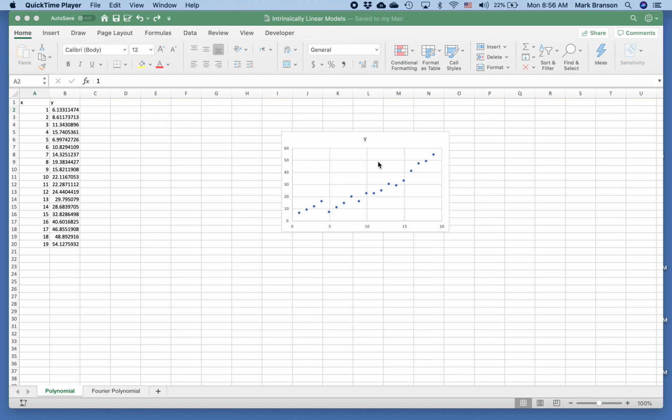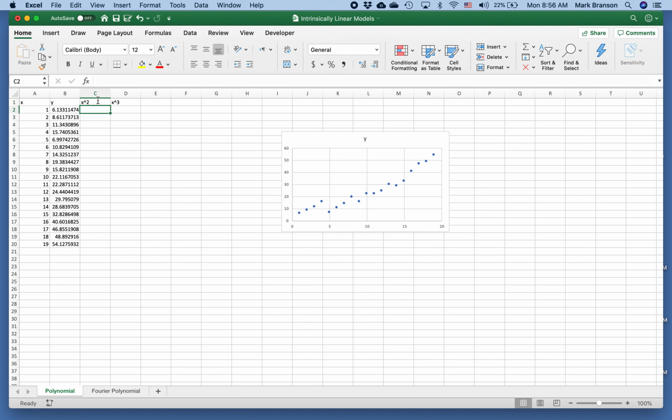If you think about what a cubic polynomial is, it's actually a linear polynomial which has a constant term, an x term, an x squared term, and an x cubed term.